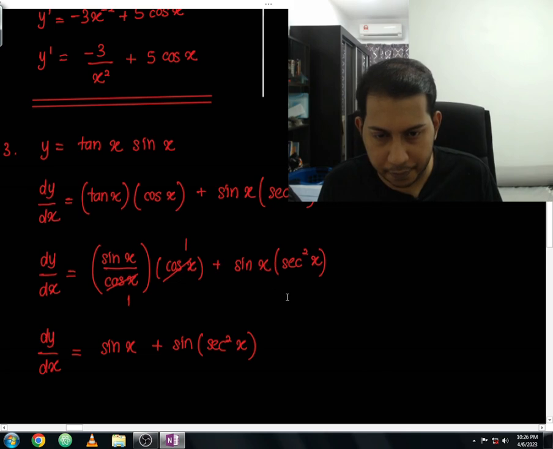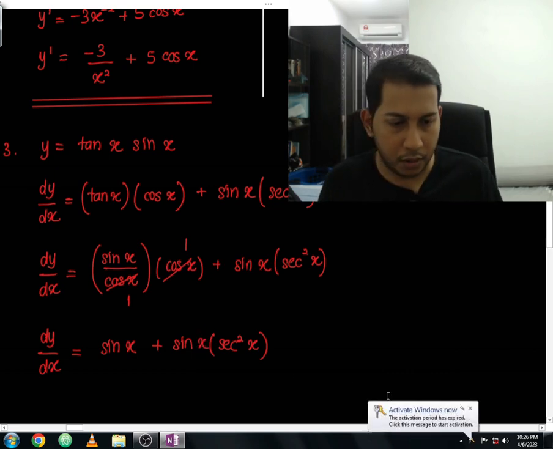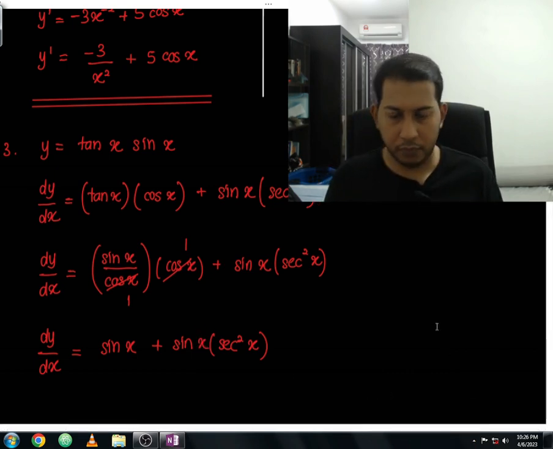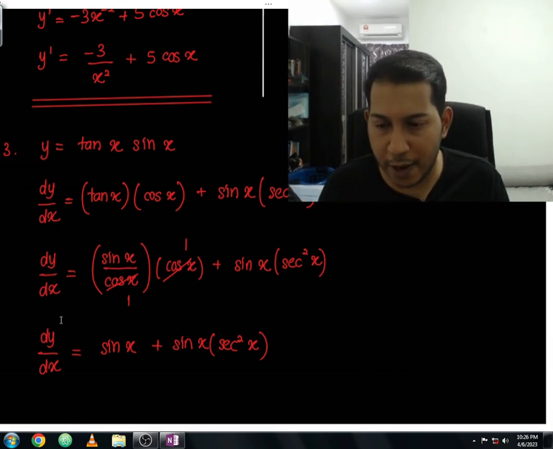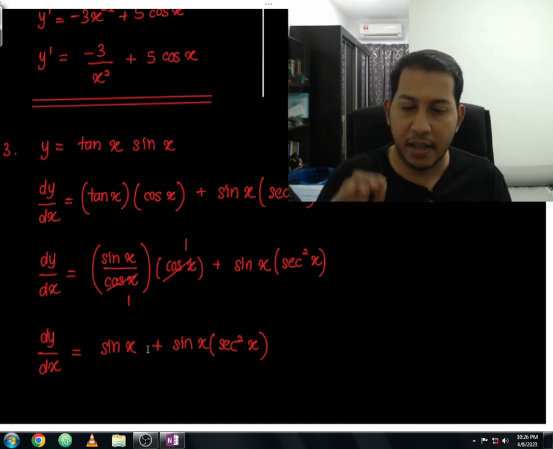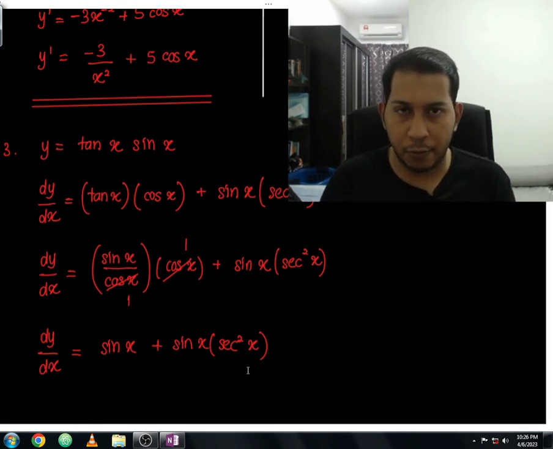So up until now I hope you understand the working. So dy over dx is equal to sine x plus sine x times secant square x. So we still have one more step left.